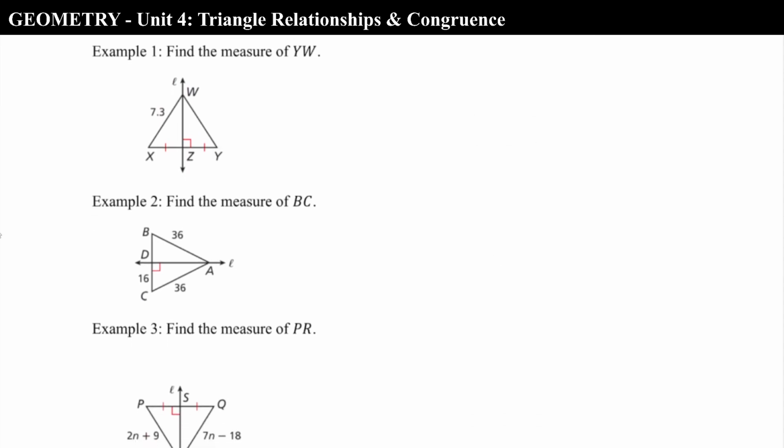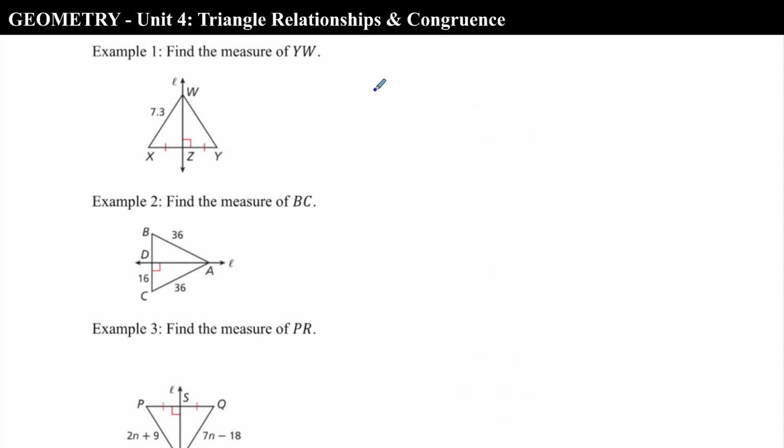Example 1. We're going to find the measure of YW. Well, we know by this theorem that since we have a bisector, if we're bisecting this side of the triangle, that the measure 7.3 here for WX is going to be the same measure as WY.